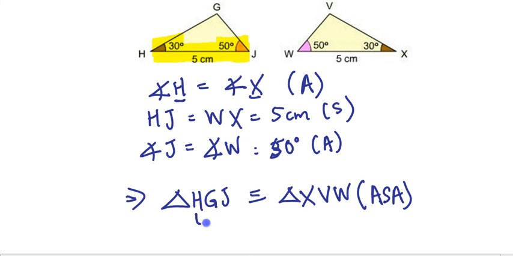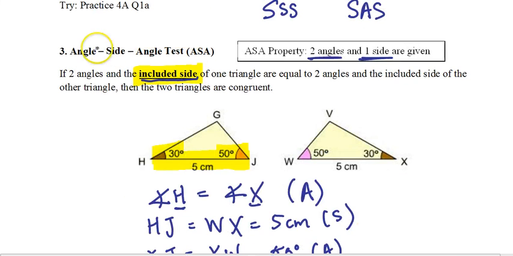So again, the order is very important, the correspondence, and of course, the reason. Okay, so this is a new test for us, the angle side angle test.